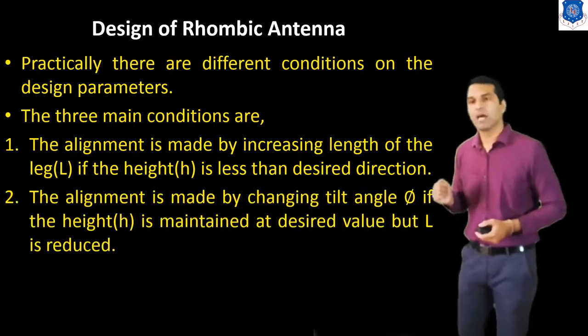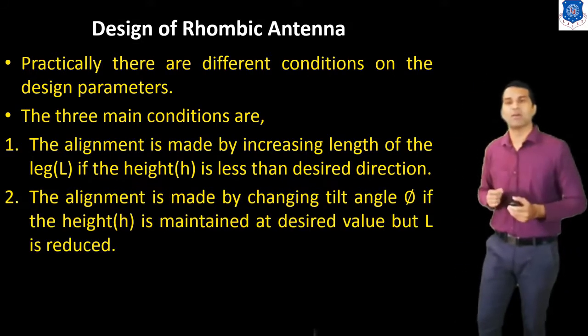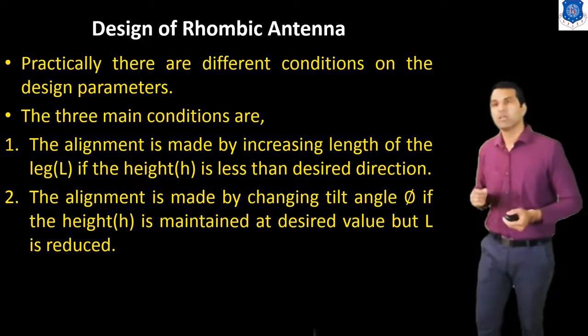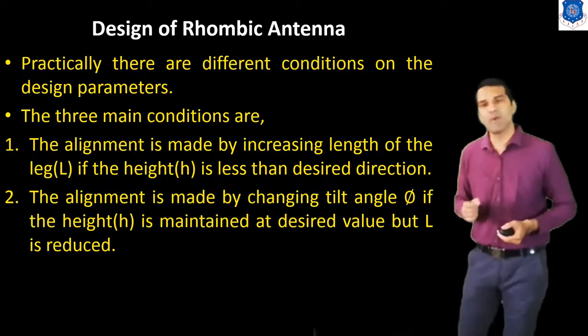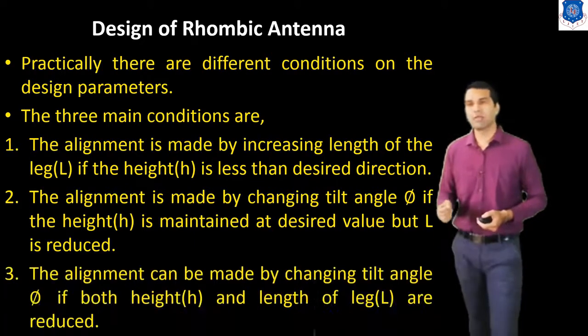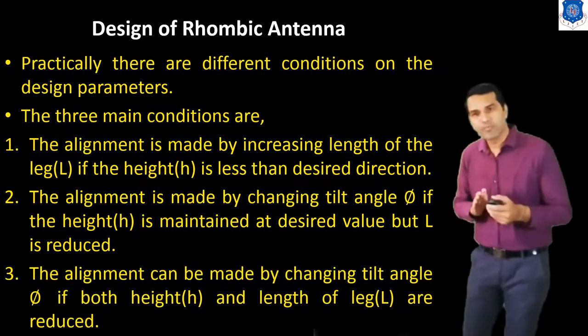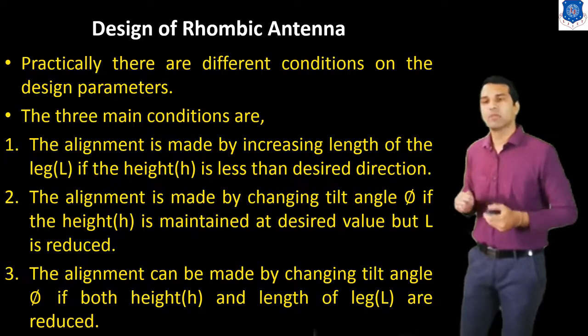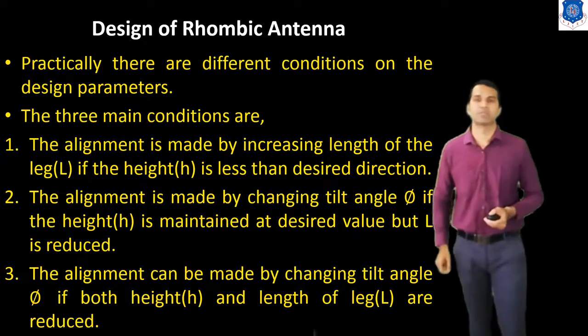Second, the alignment is made by changing the tilt angle, or we can also say phi, if the height h is maintained at the desired value but the length is reduced. And third, the alignment can be made by changing the tilt angle phi if both height and length of the leg are reduced.